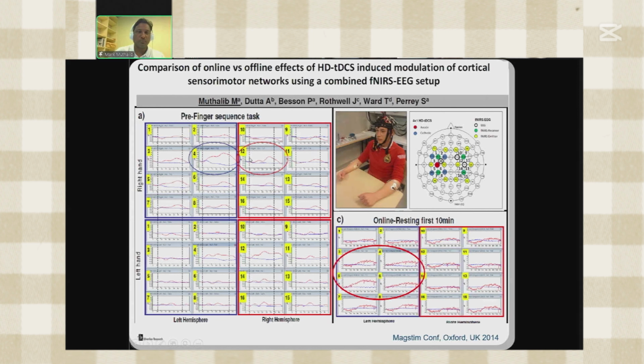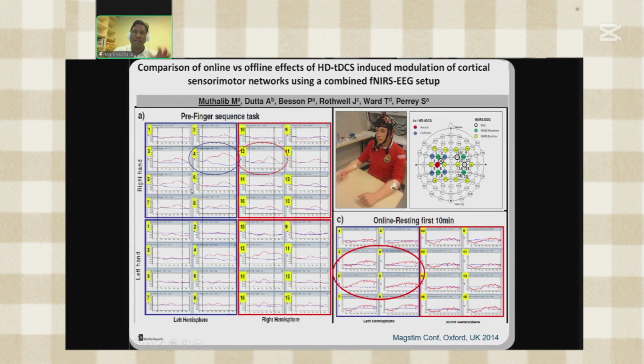So when you do a right-handed finger sequence task, so finger sequence like this, what we see is both left and right increase in activation. So as I showed before, increase in oxy, decrease in deoxy. And this is from the areas around the 4 channels. So you can see here, it's around the motor cortex region.